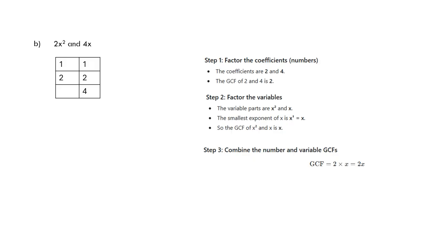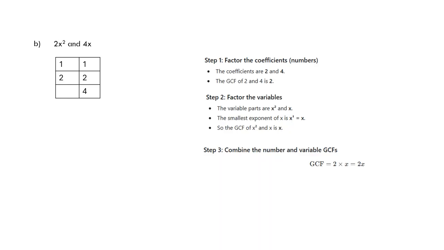Question B. What is the greatest common factor of 2x squared and 4x? Now, because both of these terms have an x variable, we can break this down into two parts. We'll start by finding the greatest common factor between 2 and 4.